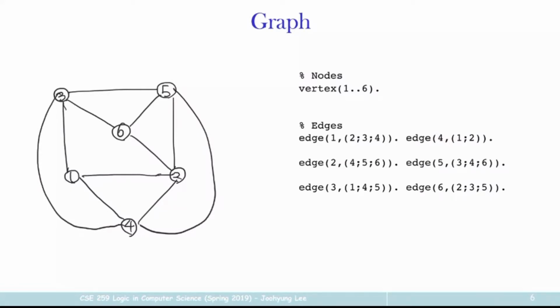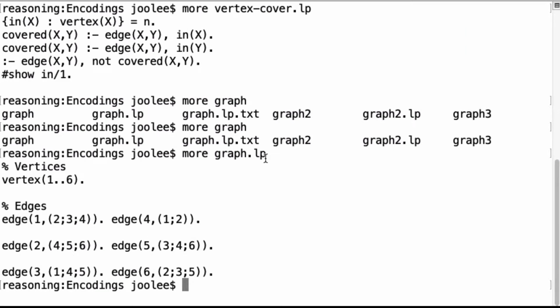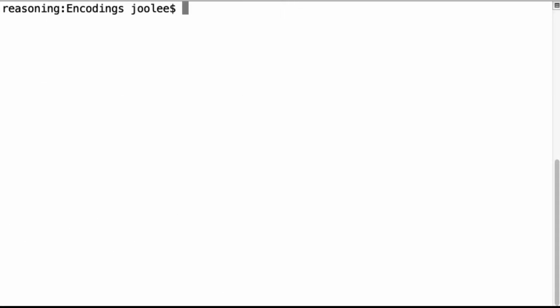Well, let's actually use Clingo, and let's come back to this one. If you have some idea in mind, just pause, and let's see whether your guess was correct. So what I'm going to do is call Clingo on the vertex cover program and the graph.lp file. I have to say what the size of the vertex cover is.